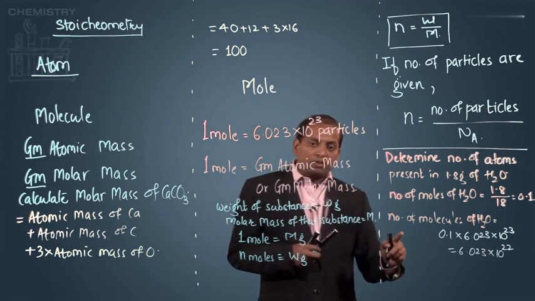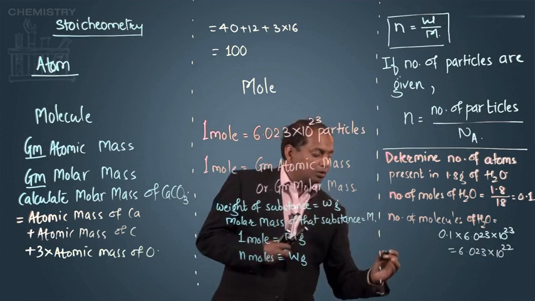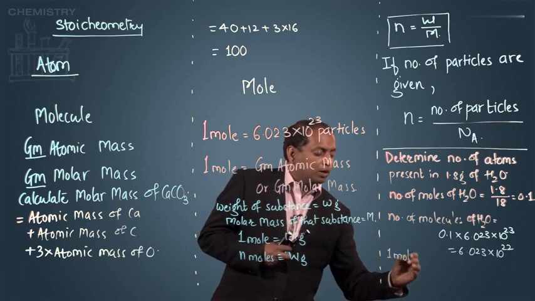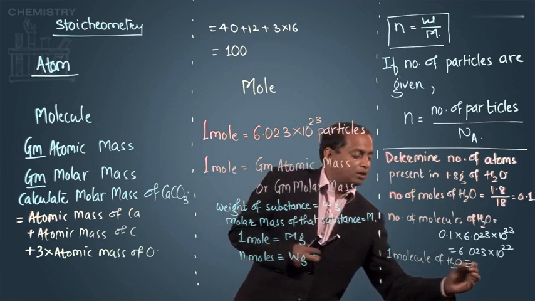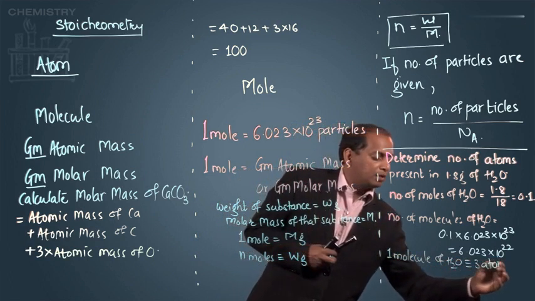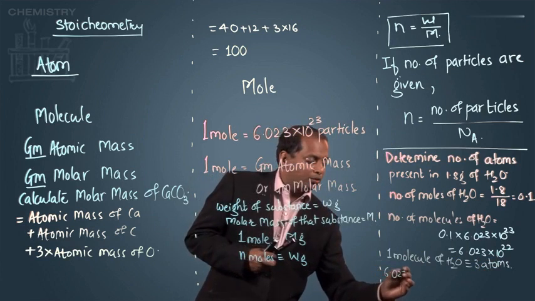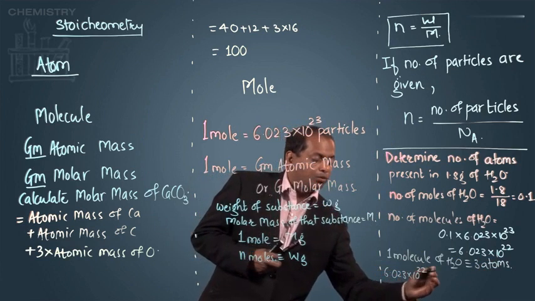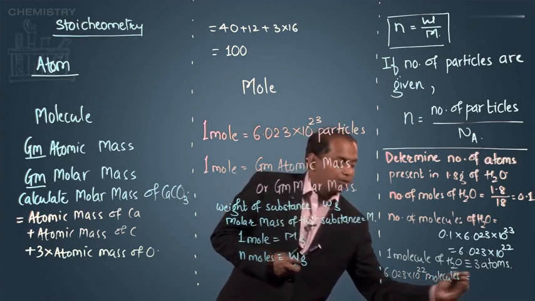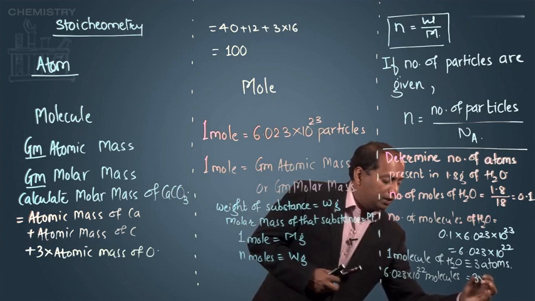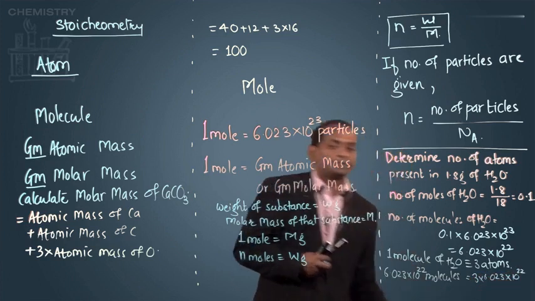Now, one molecule of H2O contains how many atoms? 3. So one molecule of H2O corresponds to 3 atoms. So 6.023 into 10 raised to 22 molecules corresponds to how much? 3 into 6.023 into 10 raised to 22.